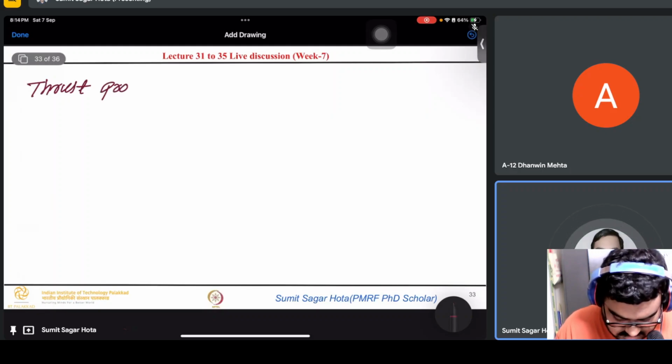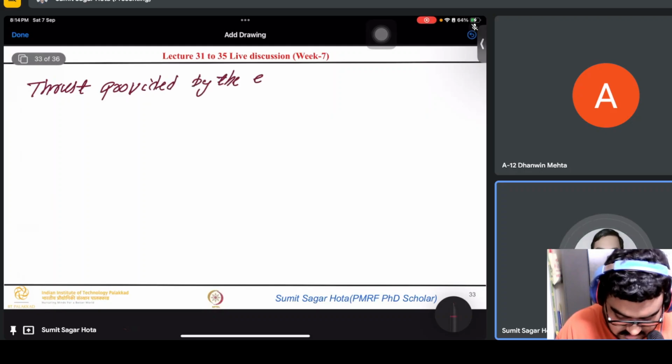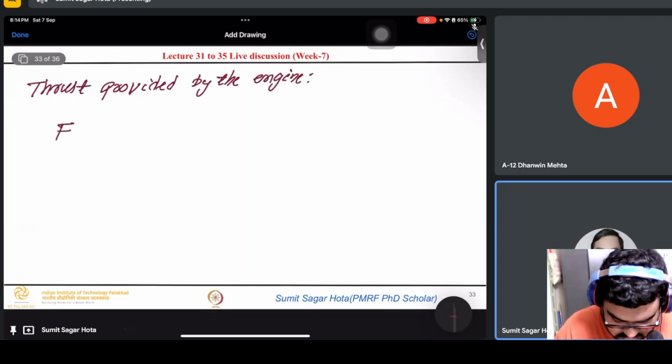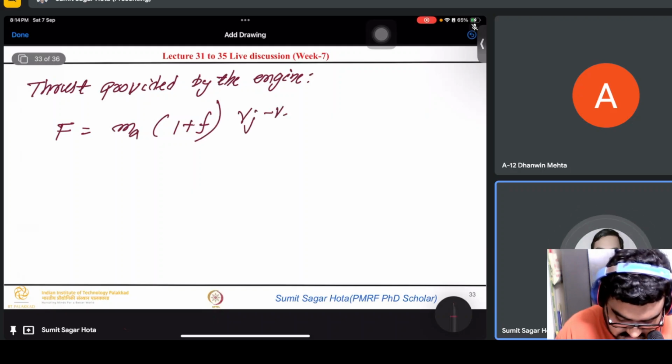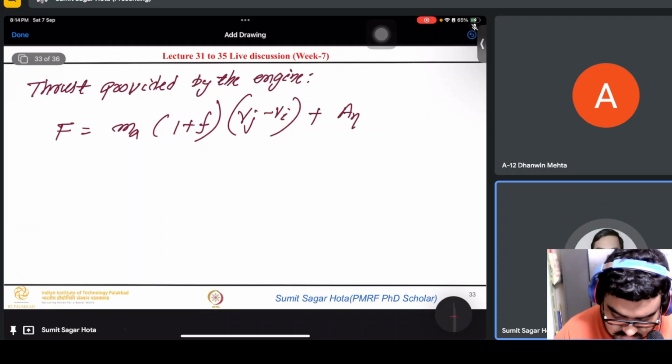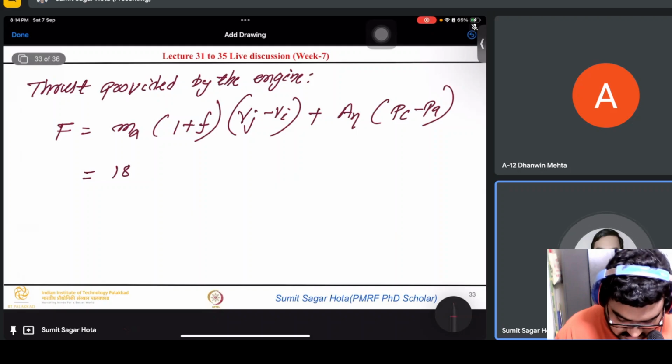Thrust provided by the engine, F is equal to m a into (1 plus f) into (Vj minus Vi) plus An into (Pc minus Pa). This is the formula. All these values I already found out, and all things are given.